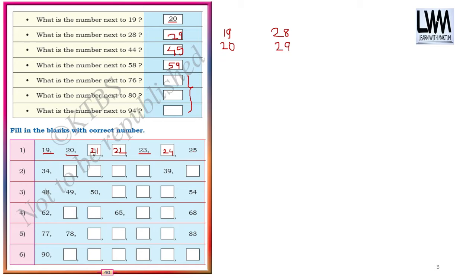Hope you understood how to write this. Then next, after 34, next is what? 35, then 36, then 37, then 38, 39, 40. Okay, clear with this? Like that, write the remaining.